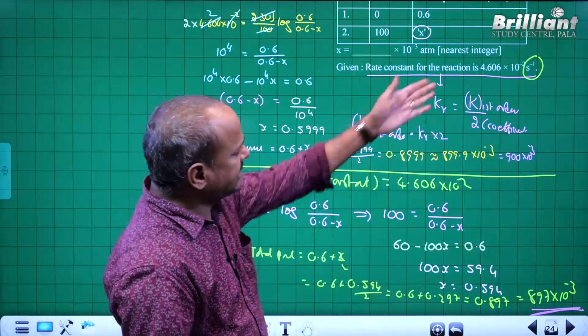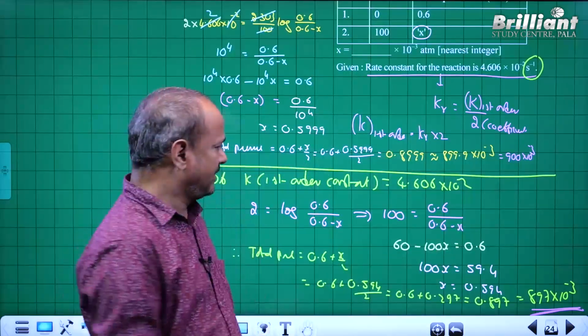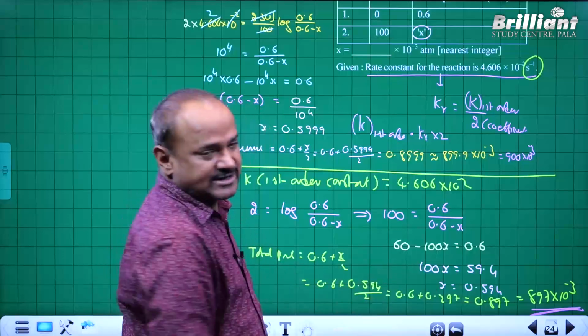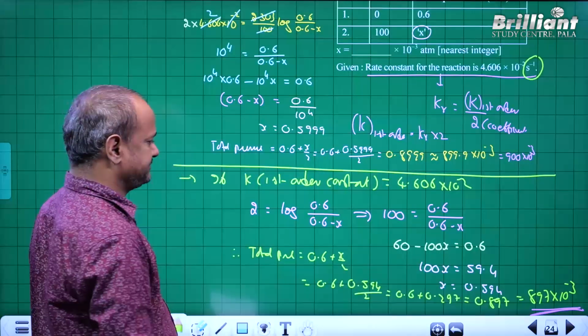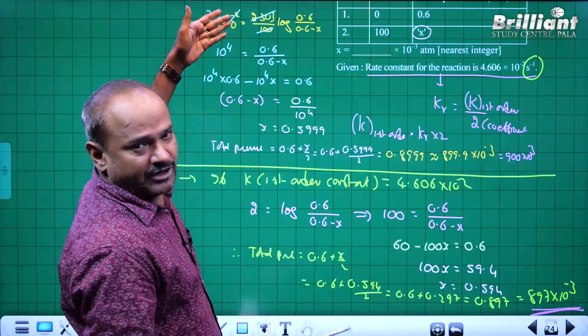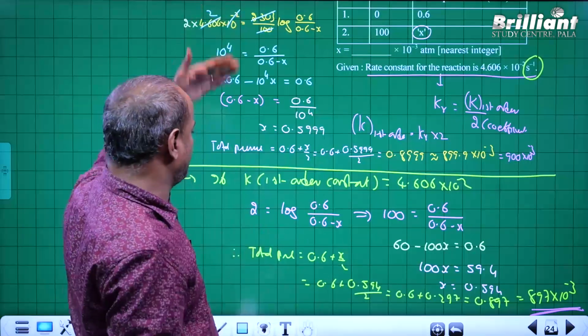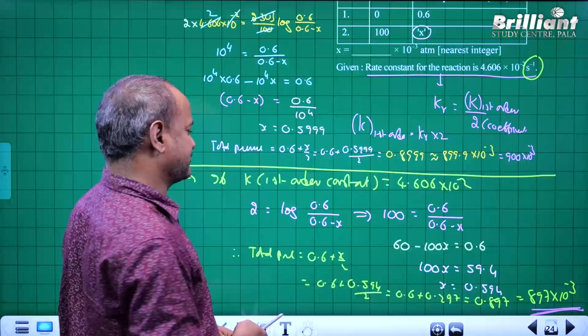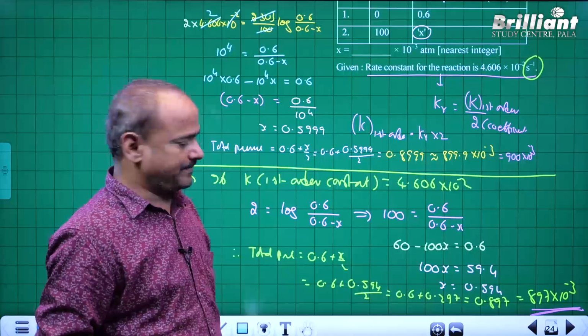That's why it is taken directly as the first order constant only. So applying this method, 897 is the correct answer. Here the antilog of 2 is 10 squared, that is 100. That is the difference only.